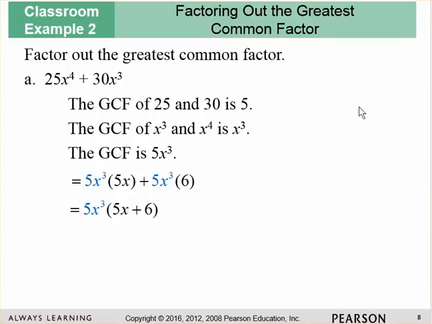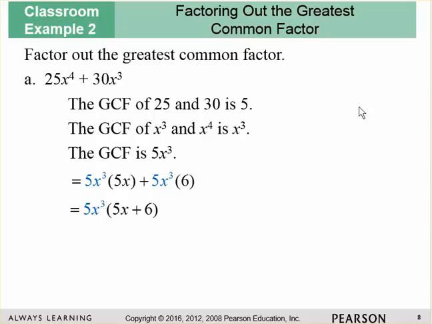Now, for an example that's a little more complicated, we're going to not just have coefficients that are common that we can factor, but we can also have variables that we can factor. So if you look here, we've got the coefficients 25 and 30. They both are multiples of 5. And so they both share a 5.